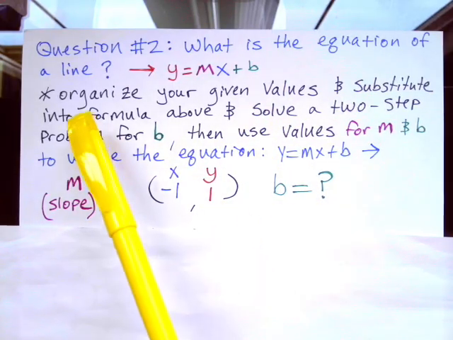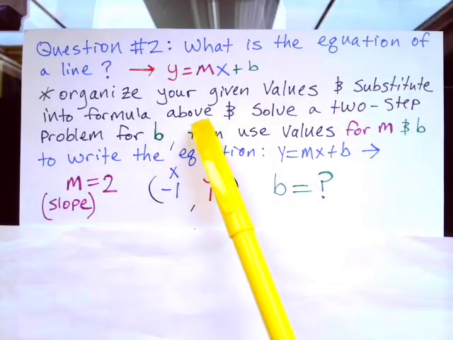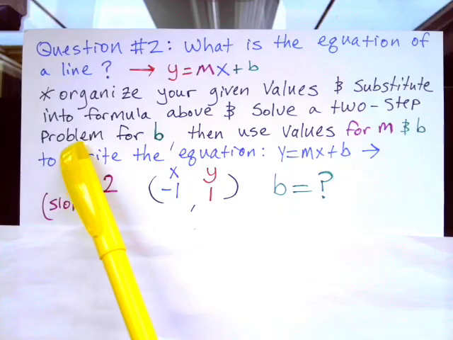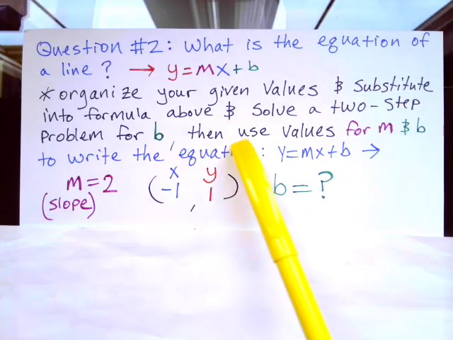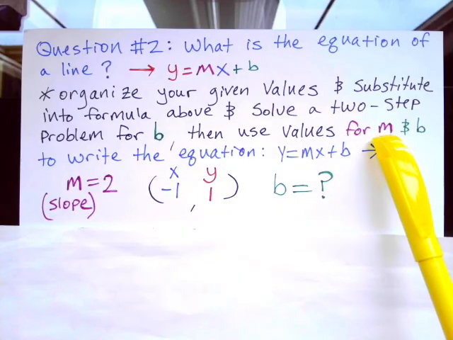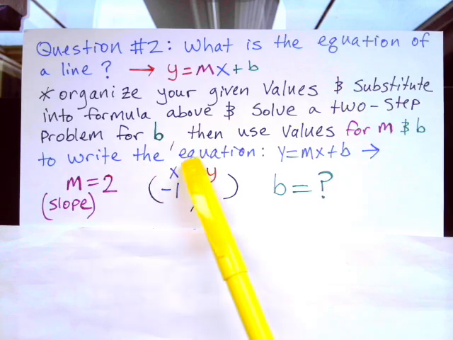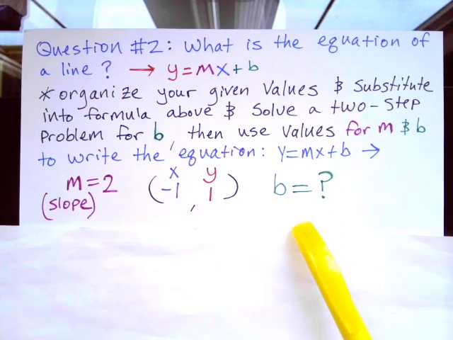So the first thing you want to do is organize your given values and then substitute the information into the formula above. Solve a two-step equation problem and solve for b. Then you can use the values m for slope, b for the y-intercept, and just substitute them into the formula for m and b, and you have your equation.